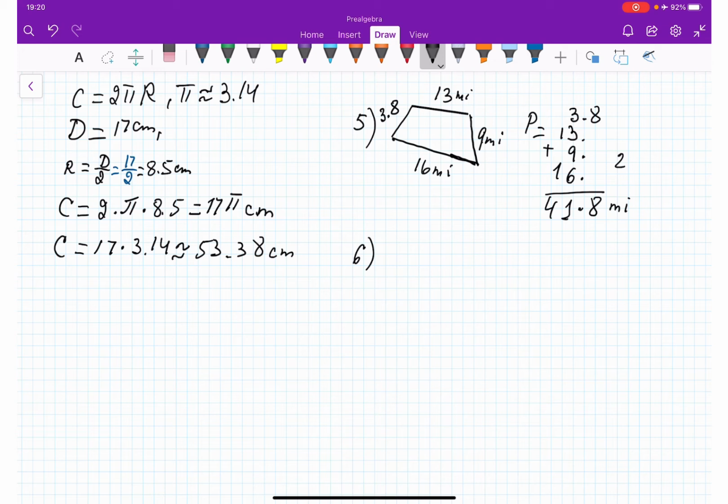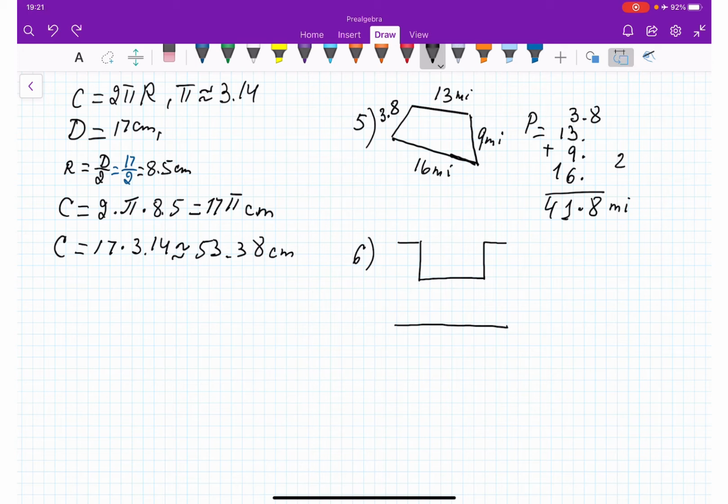So this is what we have, a geometric figure. Okay, it looks horrible.